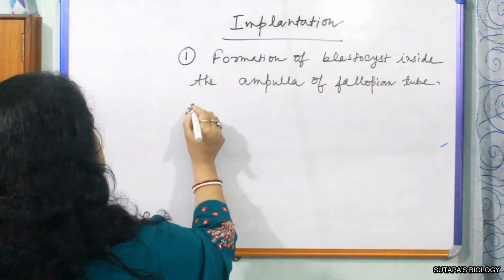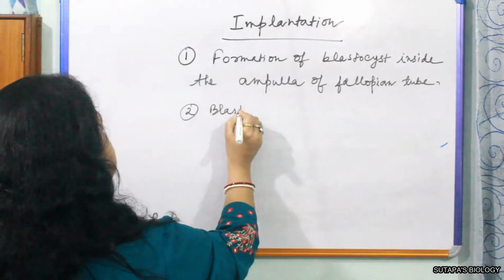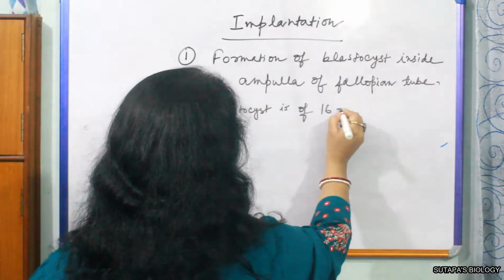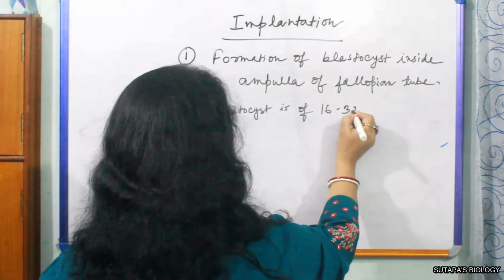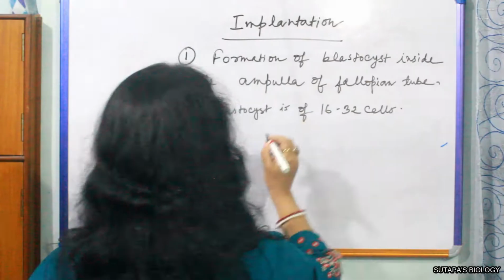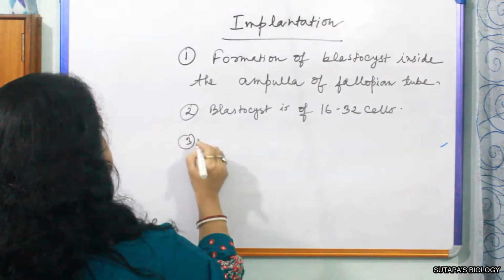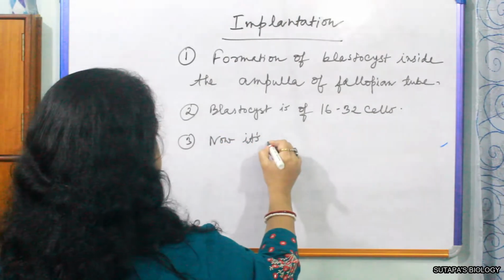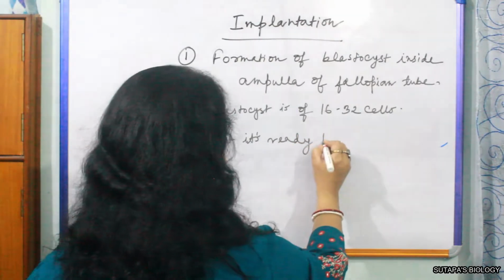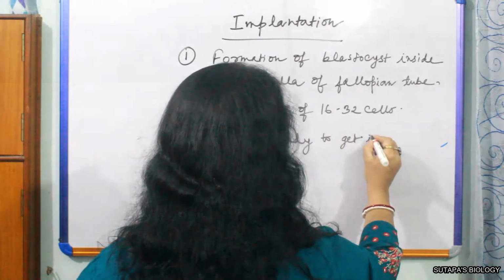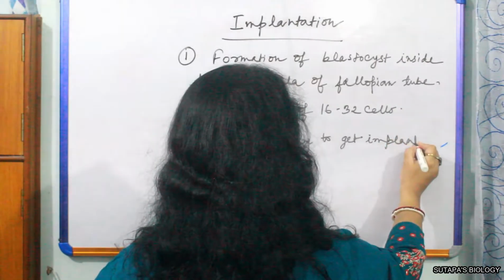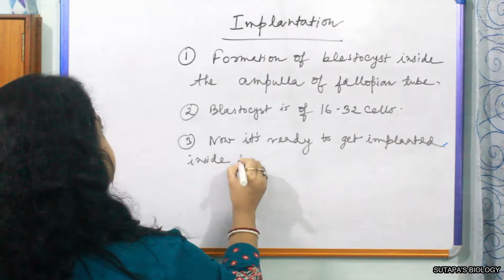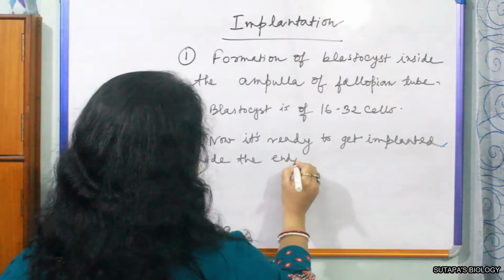Number two, blastocyst is of 16 to 32 cells. Number three, now it's ready to get implanted inside the endometrium of the uterus.